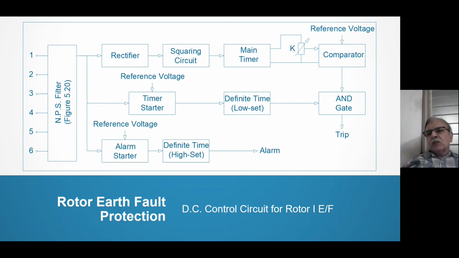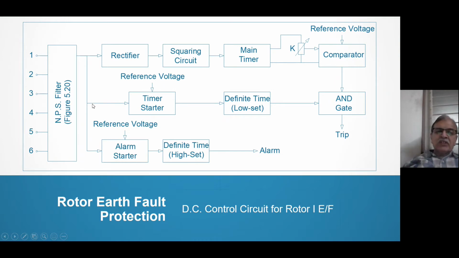So the AND logic is for that. We wait for some definite time, and from the comparator and the AND gate the trip signal comes, and we use the kinetic energy of the generator. Therefore, this is class B protection. This is not class A.